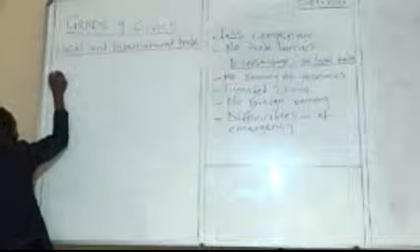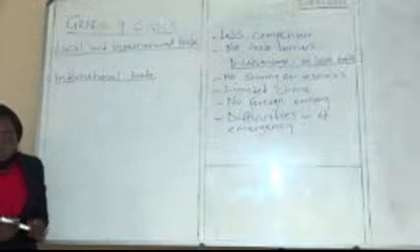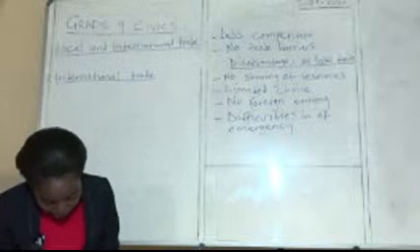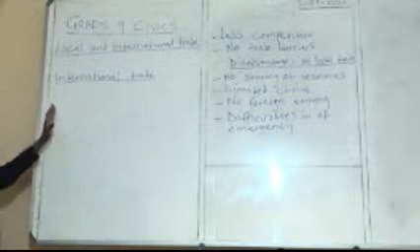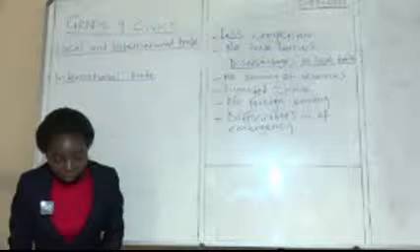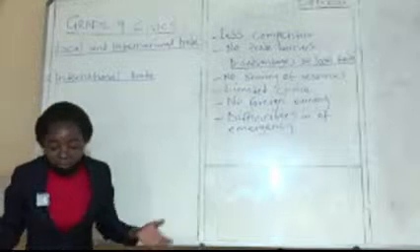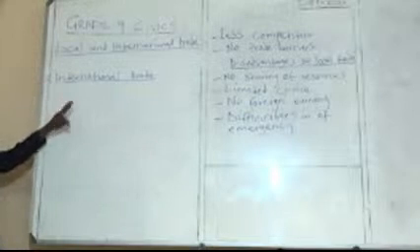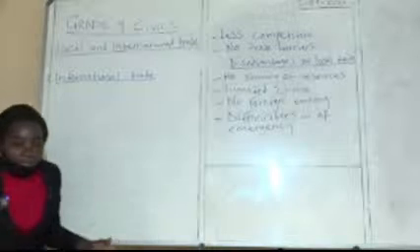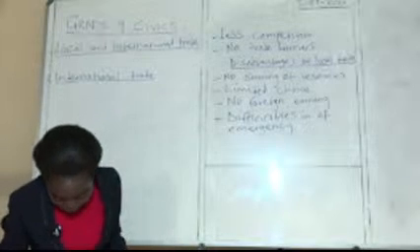Number 2, international trade. What is international trade? International trade is also known as foreign trade. It is the buying of goods and services between countries. It is the trade which takes place between countries.